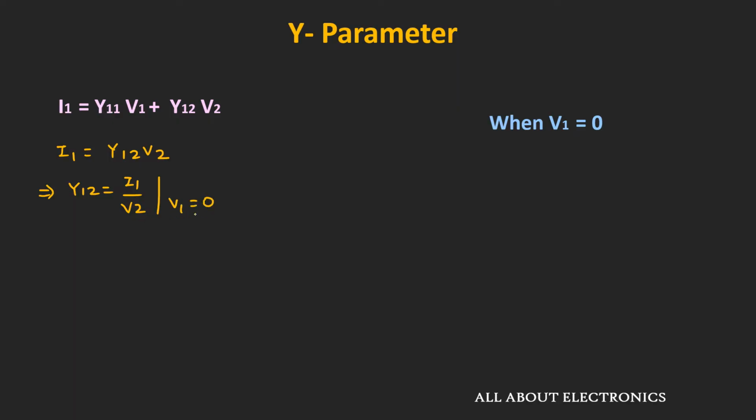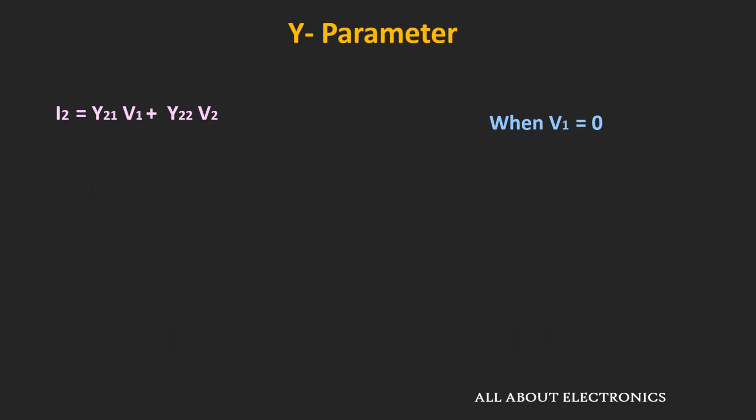So as you can see, this parameter relates the input current with the output voltage, and while finding this parameter, this port 1 is short circuited, and that is why this parameter is known as the short circuit reverse transfer admittance.